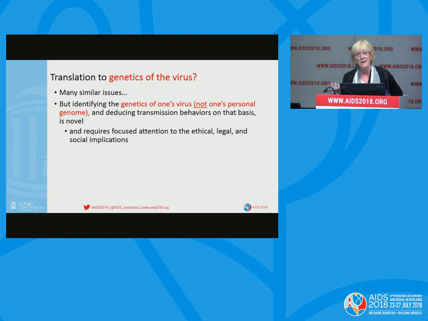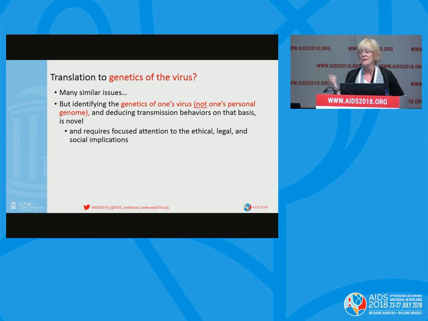So if we think about translation to the genetics of the virus, well, it sounds pretty similar, doesn't it? The ethical and legal issues have been studied a lot in human genetics. But the social meaning and the communication about this new technology is not at all.